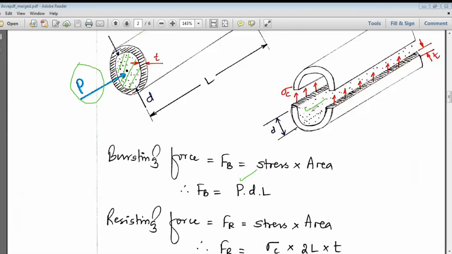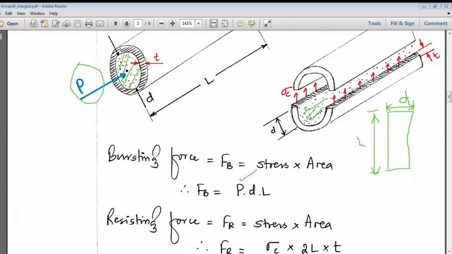Now if you check this cut section, please note my words, very important. This area I am marking here will be the projected area. If you observe it from the top view, it will be something like this: this will be your length L, and this will be your diameter. This is not an accurate dimension figure, sorry for that.